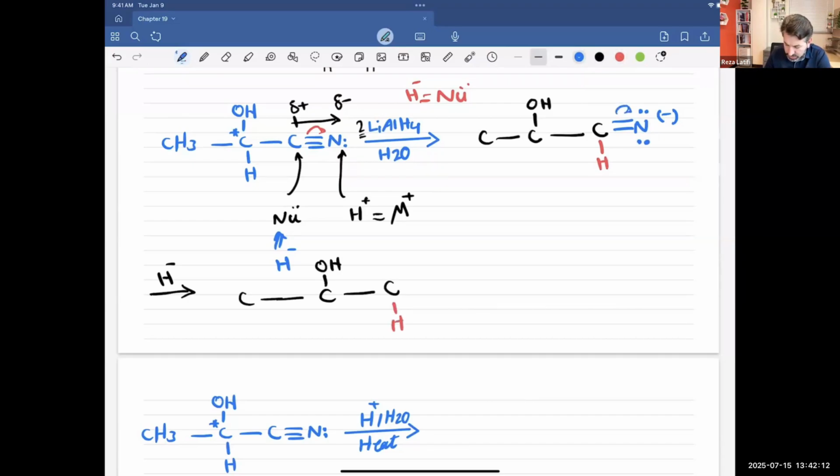Again, this one is going to move there. We'll have nitrogen with 3 lone pairs. Now nitrogen is -2, and I can add 2 moles of H plus to it, and that's going to turn it into such a compound.